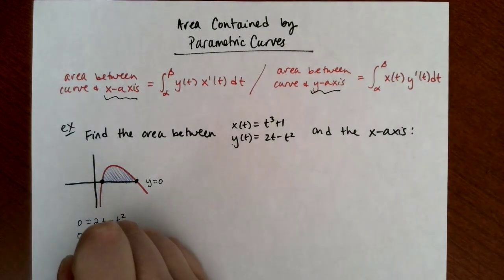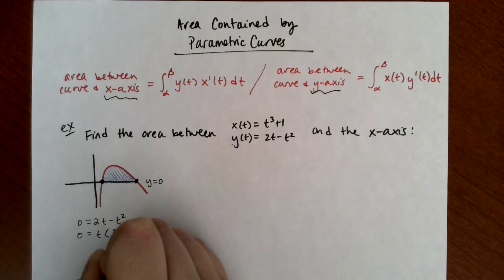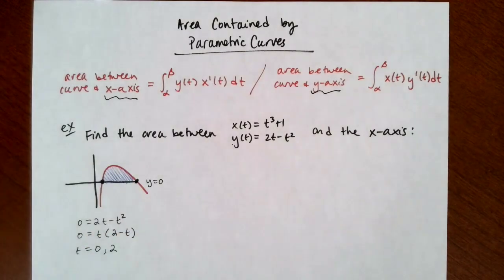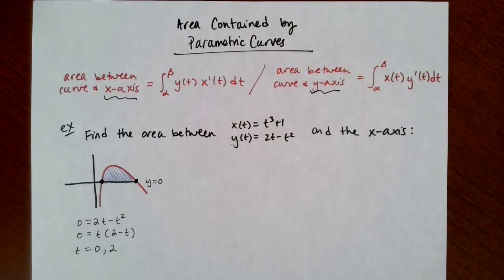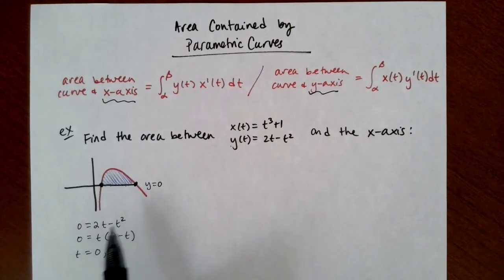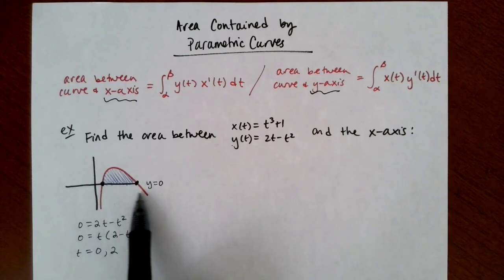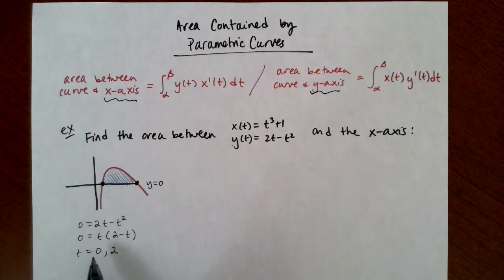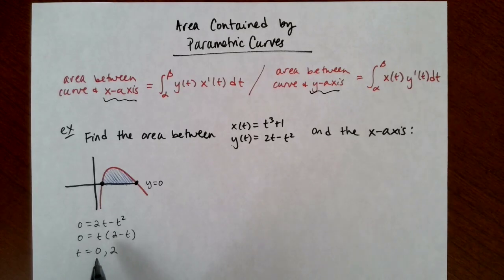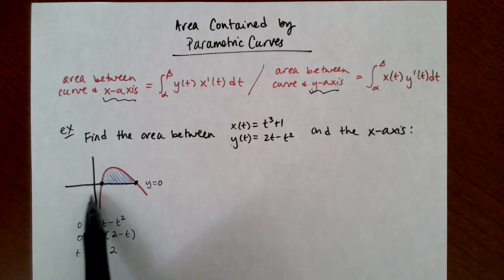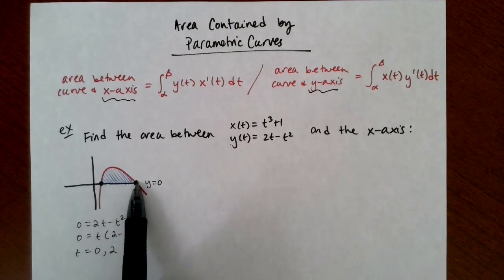So I can factor this, and I get that t is 0 and 2. You'll notice this kind of feels unexpected because the way this image is drawn, either one of these could be 2, it's not labeled, but definitely neither of them is 0. But notice these are time values, and what we're looking at here is the x-axis.